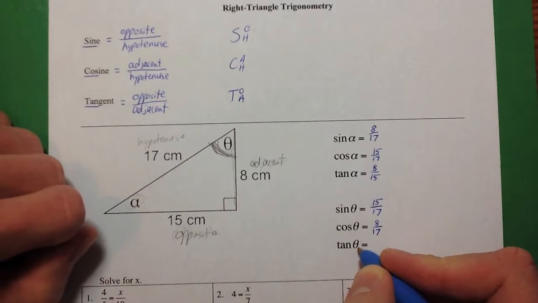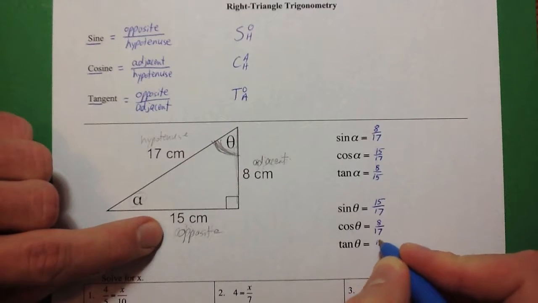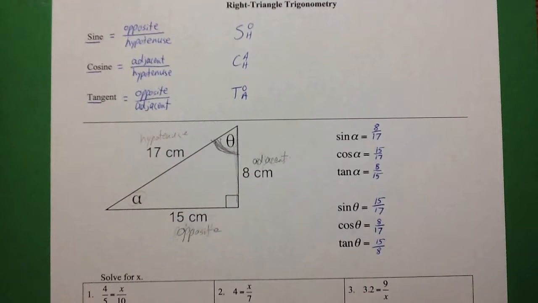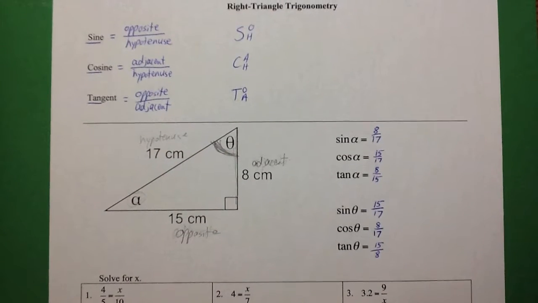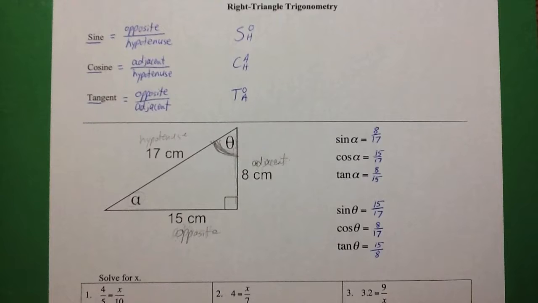And tangent of theta is opposite divided by adjacent. There we go. And now we know the three trigonometric ratios, three trig functions, and we can set things up. That's going to come in handy when we get a little further down.